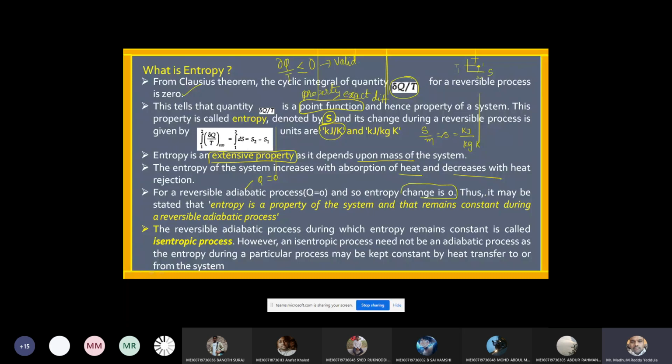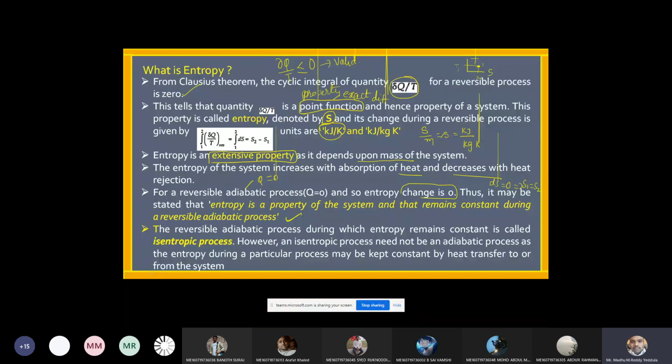Therefore we can say that entropy is a property of the system and it remains constant. What is meant by dS equal to 0? dS equal to 0 means S1 is equal to S2. Entropy is constant for an adiabatic process, right? Just now I told you, if you add heat, entropy increases. If you reject heat, entropy decreases.